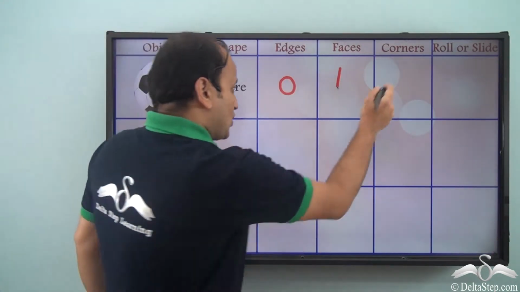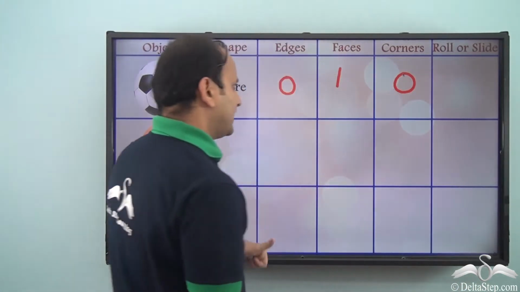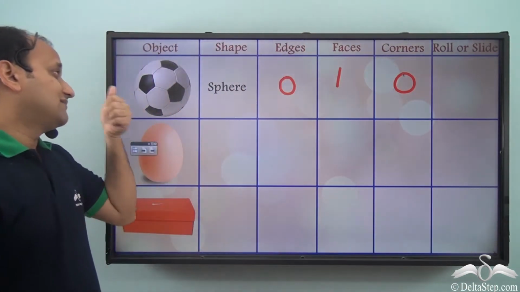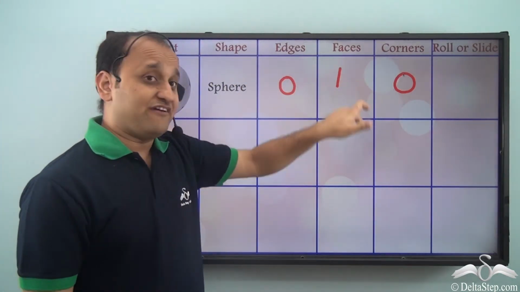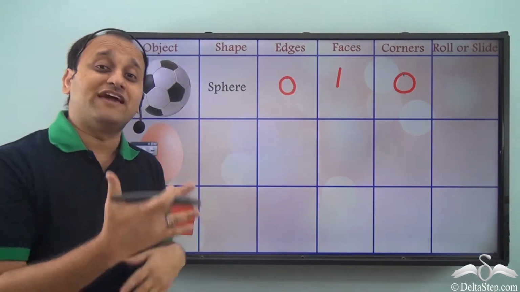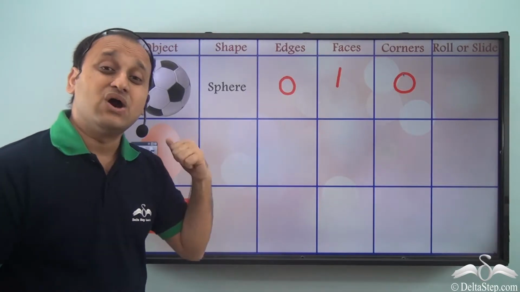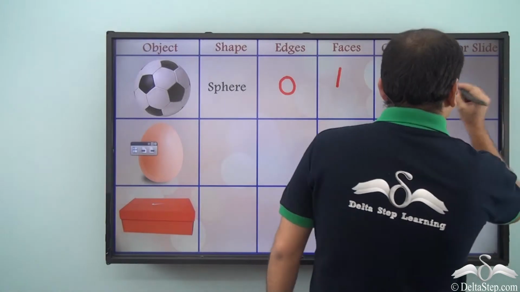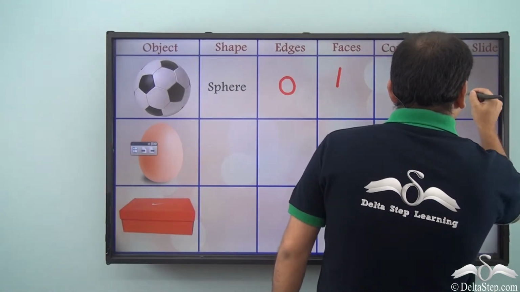So 0 corners. Now will it roll or will it slide? Well, it has only one face, and that is a curved face. So it will always only roll, never slide.